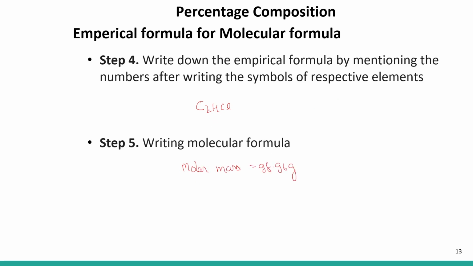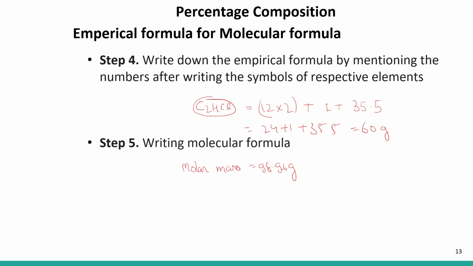And if you calculate the molar mass using this empirical formula, you will get 12 into 2, 24, plus for hydrogen it is 1, for chlorine it is 35.5, so 24 plus 1 plus 35.5. Okay, this is the molar mass we get for the empirical formula C2HCl.